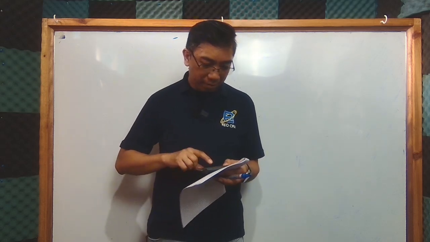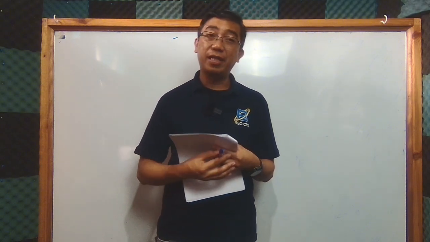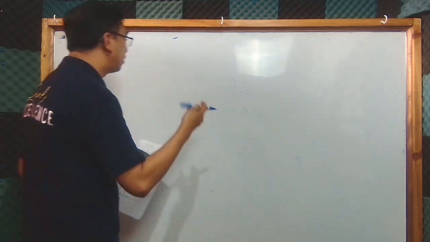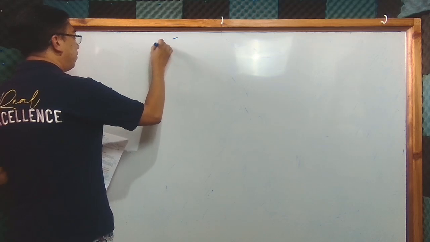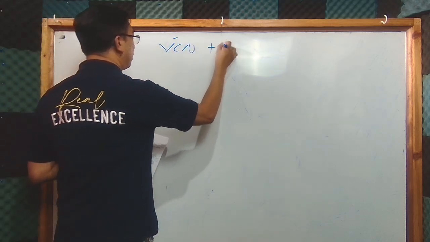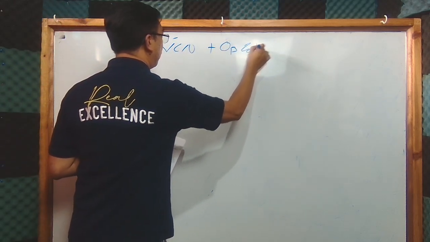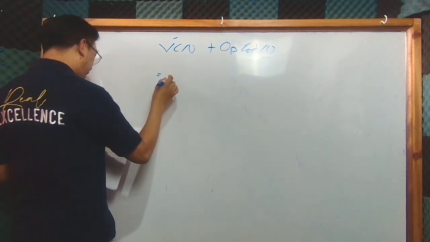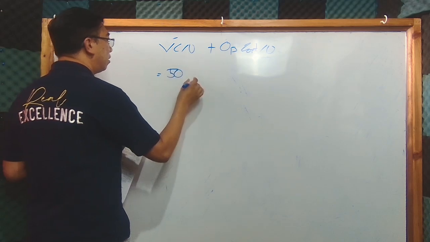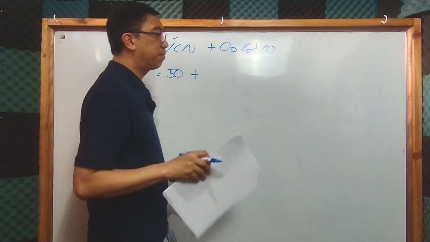Materials, 27, plus labor of 12, plus variable overhead of 6, plus variable selling admin of 5 pesos. At this point, class, may 50 pesos na tayo. Di ba? So, the minimum price is the variable cost per unit plus opportunity cost per unit. So, this is already 50 pesos. Kulang na lang natin opportunity cost per unit.